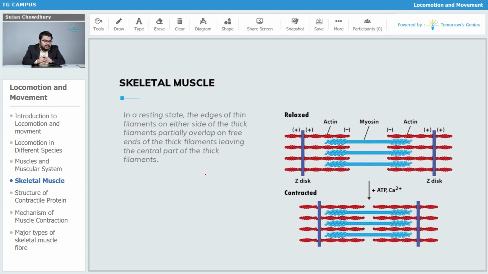So here you can clearly understand that at the resting or relaxed state, the central part is left. The central part of the thick filament is not being covered by the actin. This is what happens at the resting or relaxed state.